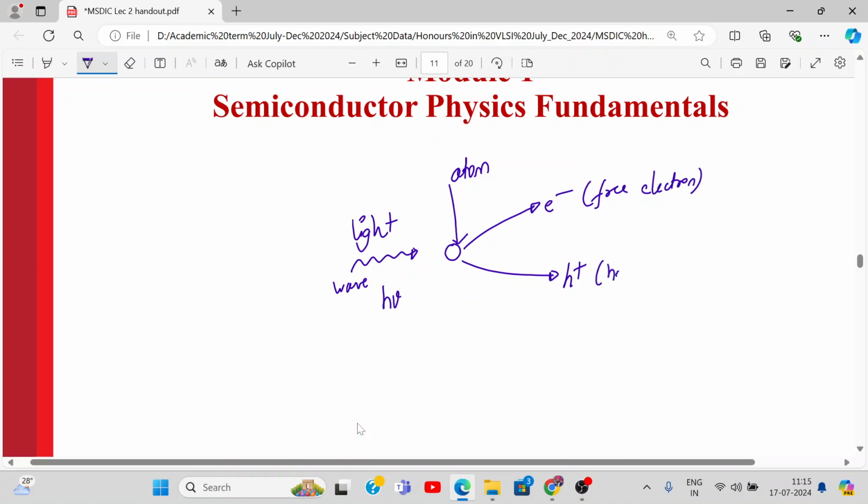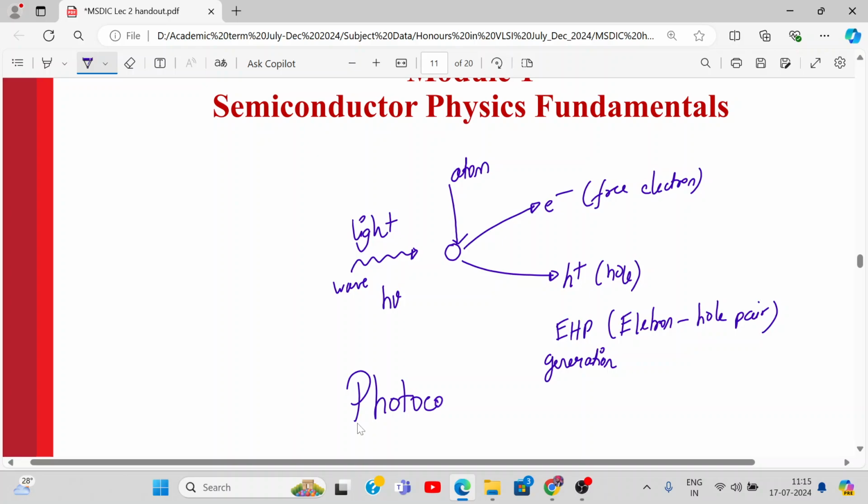This process is called EHP, electron hole pair generation. This process is called photoconductivity. We can say about LDR, as you have said.